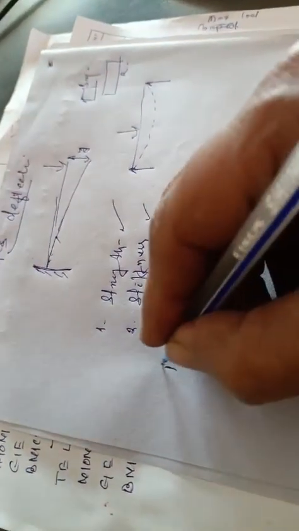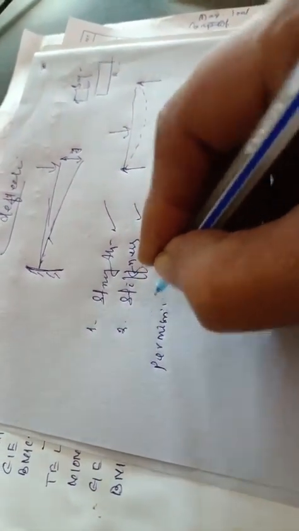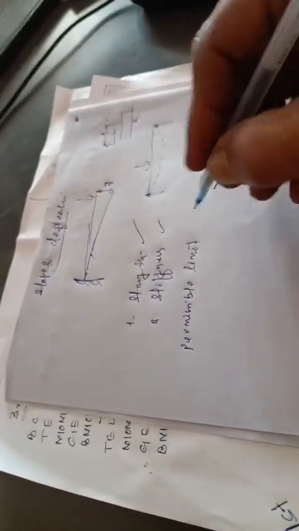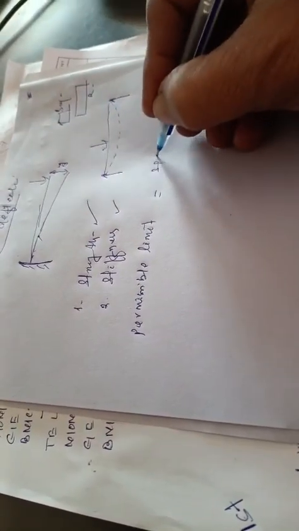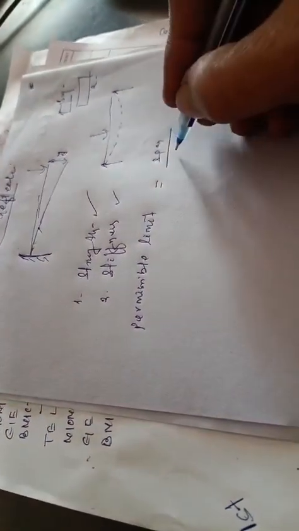So what is the permissible limit? As per the Indian standard specifications, this limit is span per 325.